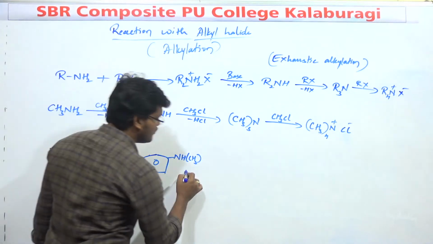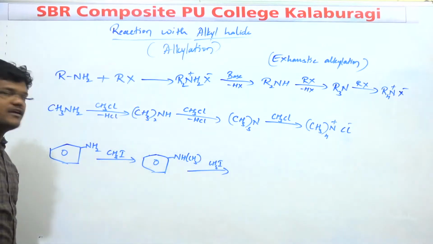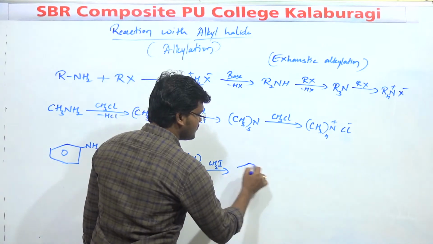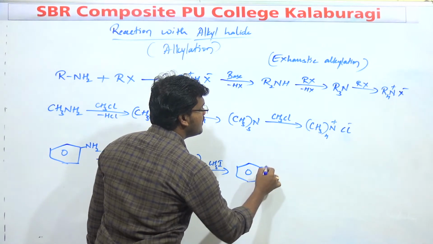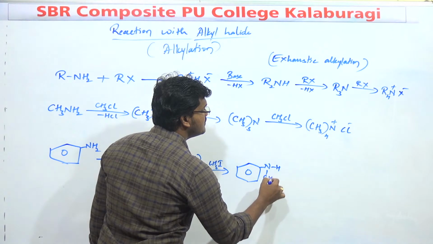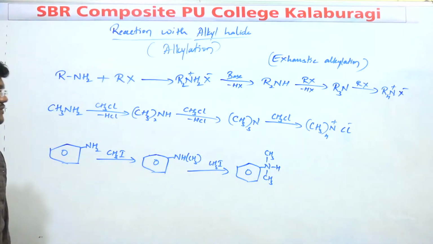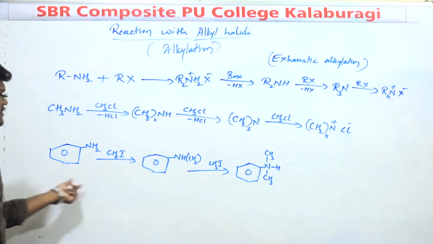Again, I will add one more mole of CH3I. What am I going to get, you tell me? I am going to get C6H5N(CH3)2. Clear?